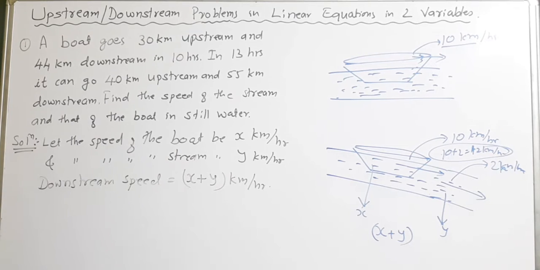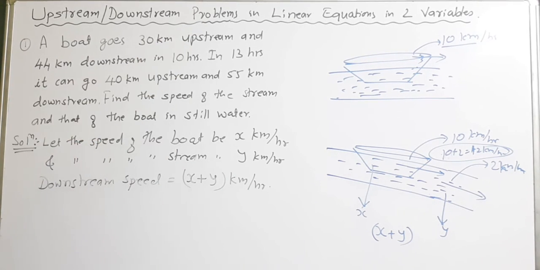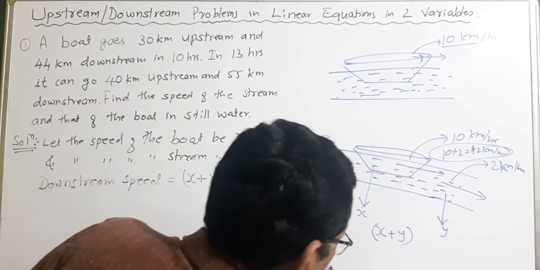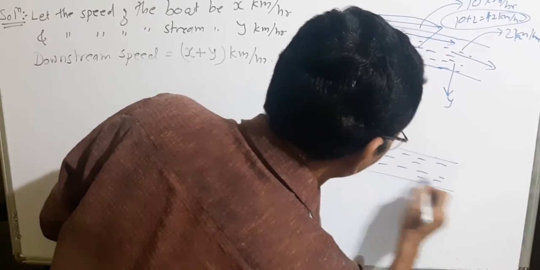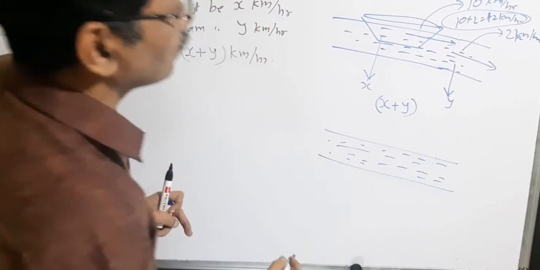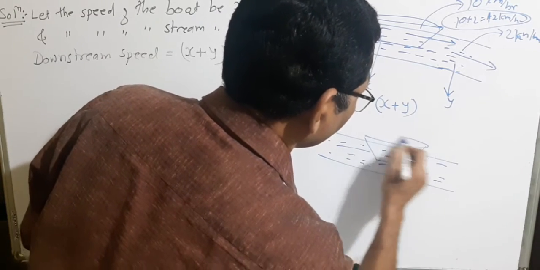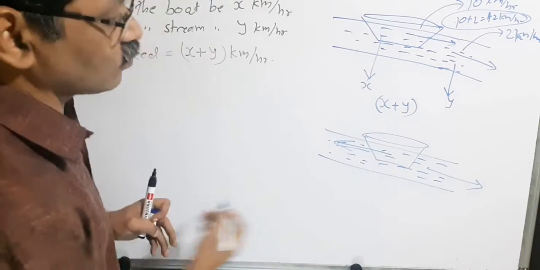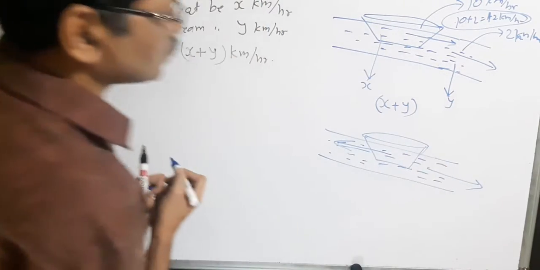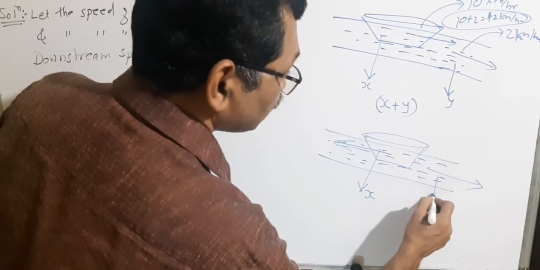Now we will consider the second case, upstream. Another condition: suppose we have the river flowing this way, and the boat goes in this direction while the stream flows in the opposite direction. So the boat goes opposite to the stream. The speed of the boat is x kilometer per hour and the speed of the stream is y kilometer per hour.